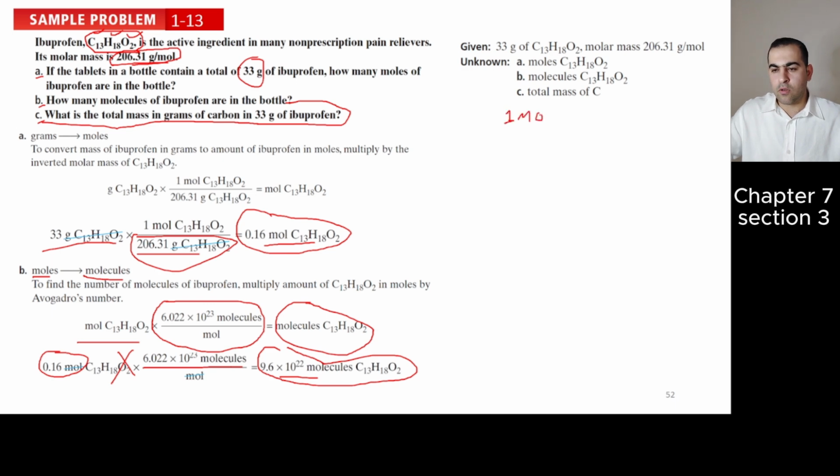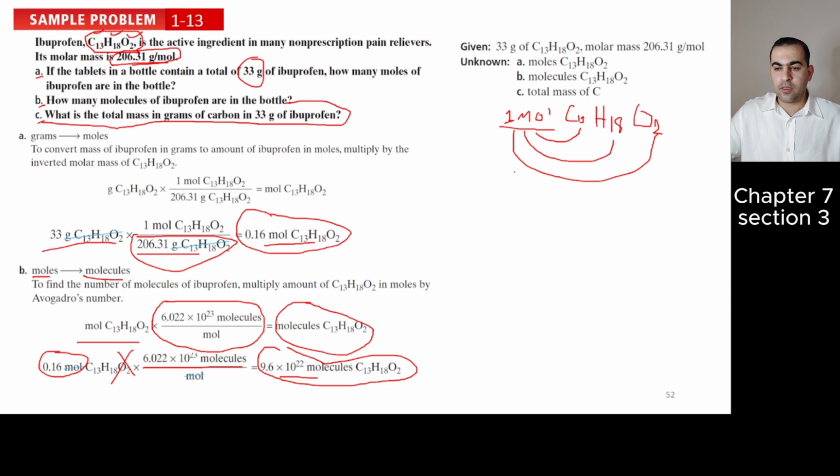So 1 mole of ibuprofen, C13H18O2. Do you remember, for finding molar mass, we do it like that? In 1 mole of ibuprofen, we have 1 times 13, 1 times 18, 1 times 2.